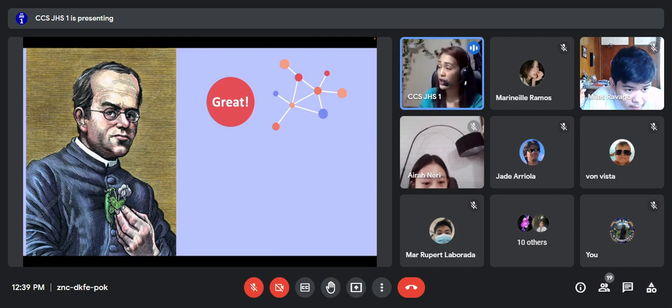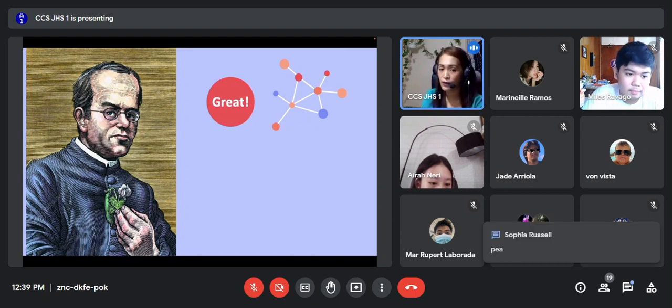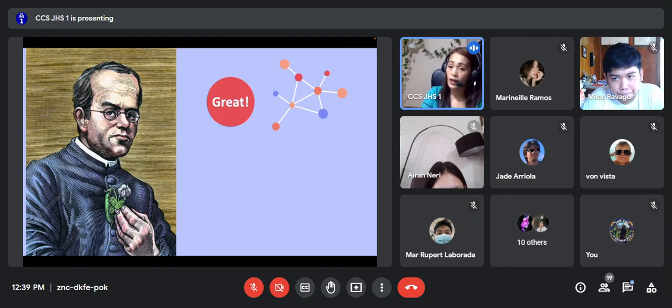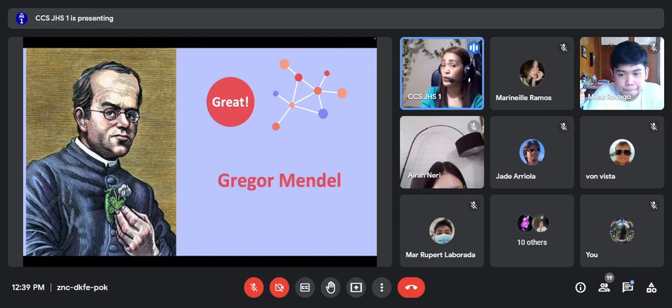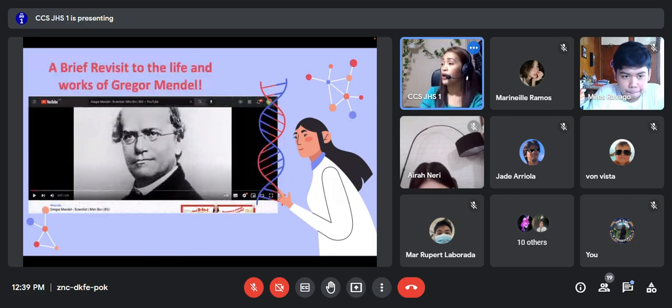Now, aside from that, what do you notice on his hand or what he's holding? Do you recognize that particular plant? Any idea for the name of that plant? Okay, pea plant, correct. Why I'm asking this is that Gregor Mendel's profession is first and foremost a monk or a priest.